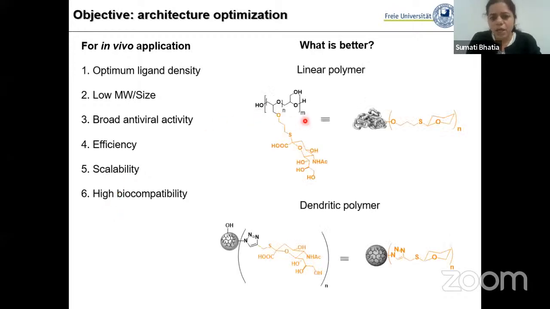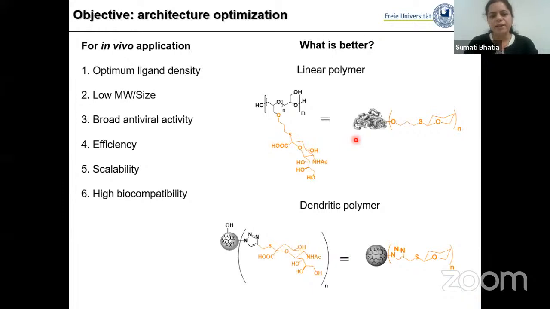For example, if you choose a linear polymer scaffold, it will coil, and when it coils around, a lot of ligands, like here sialic acid, will be hidden inside the coils, so they are not exposed to interact with the viruses. So anyhow, you need to put much higher density of sialic acid on such a linear polymer backbone.